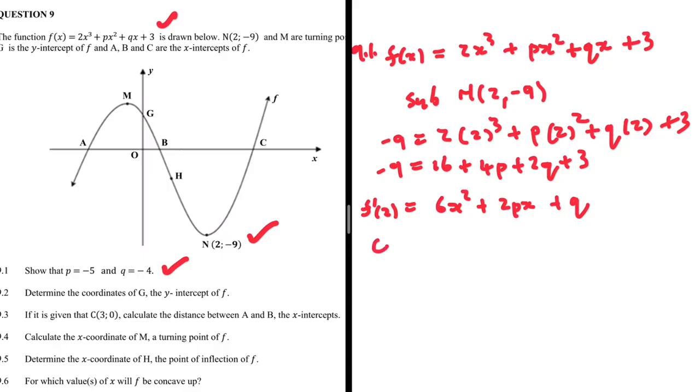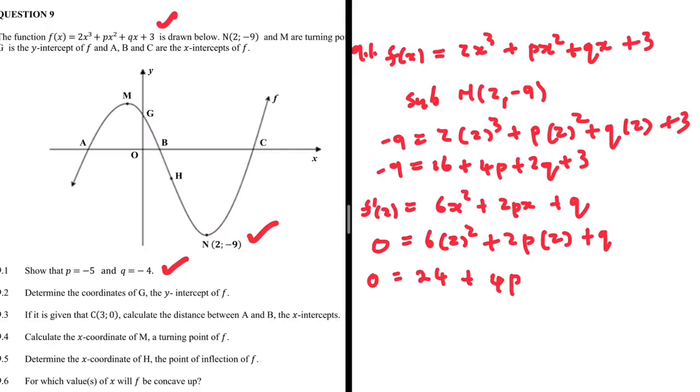So we're going to have 0 is equal to 6 multiplied by 2 squared plus 2p multiplied by 2 plus q. So we're going to have 0 being equal to 2 squared, that is 4, multiplied by 6, 24. So we have 24 plus 4p plus q.